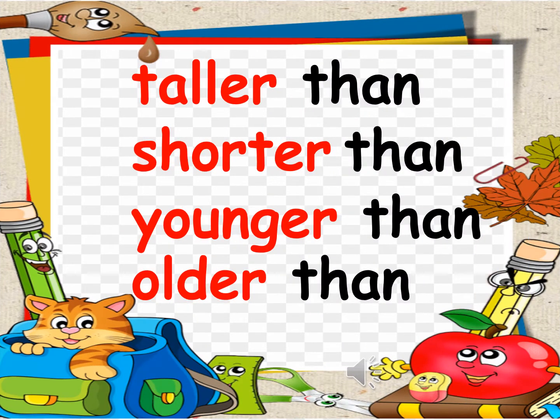Now, these are the phrases that we're going to use in comparing the heights and the age of persons. First, the height. Taller than. There is "than" after the adjective. Adjective followed by than.